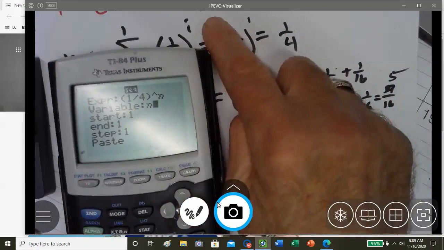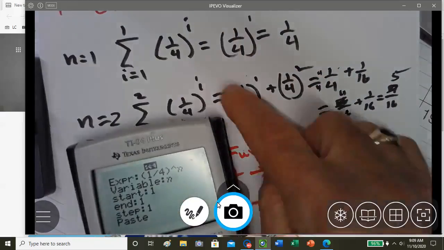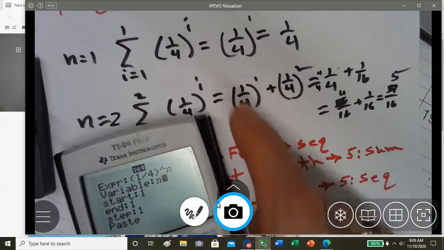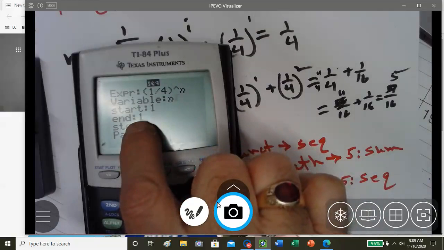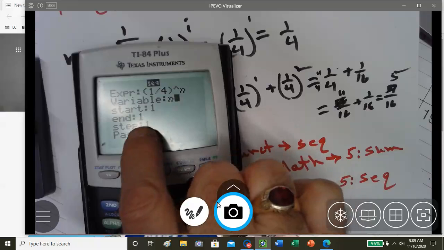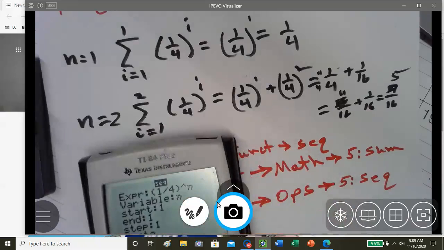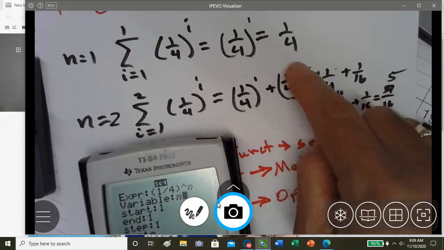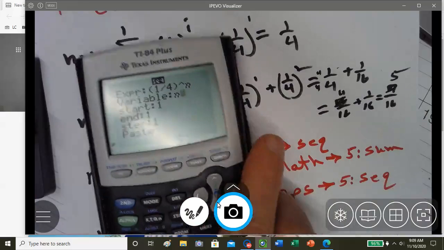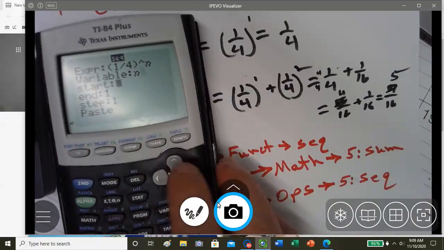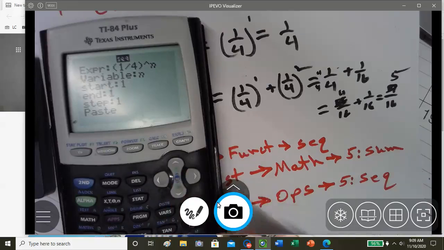Since we're starting at i equals 1, we put 1 in here. And so we already did the first one, right? And then we could do 2 and so on. But it'd be more practical if we go ahead and put an end in, like, we'll choose a high number like 50.